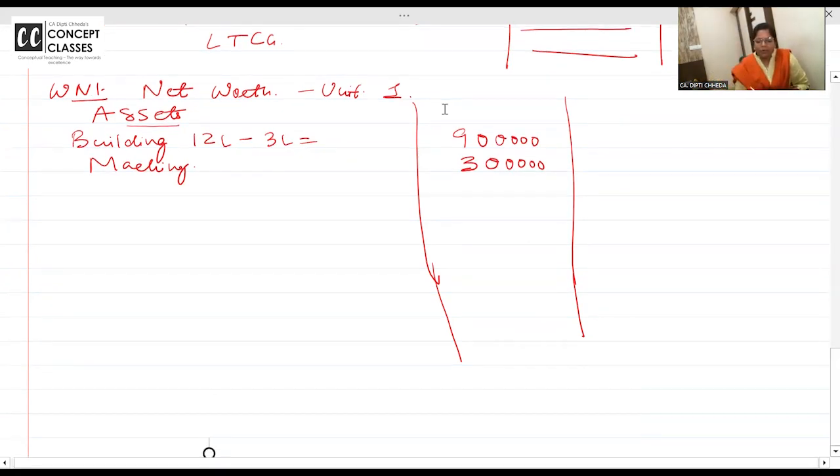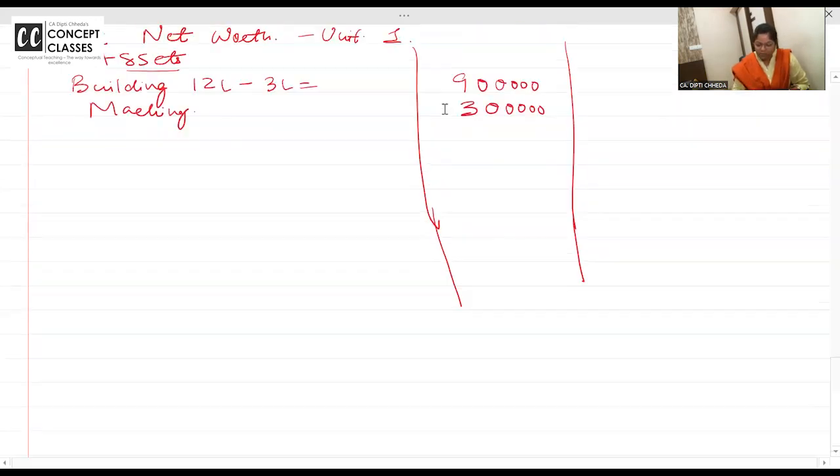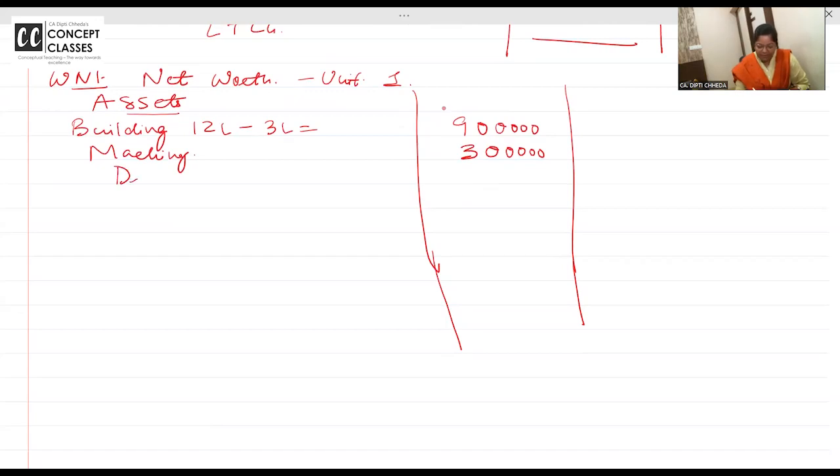After machinery, what do you have? Datas. That datas you will take as 1 lakh. Other assets are 150.